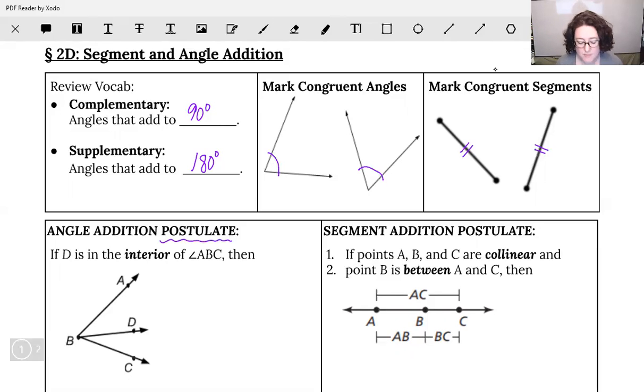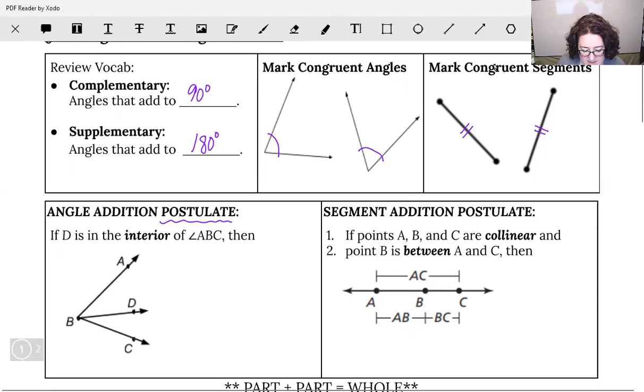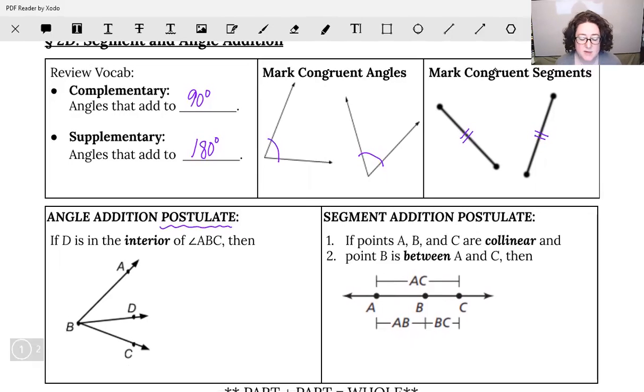A little bit more mathematically, we see this as: if D is in the interior of angle ABC. So in other words, we have point D here, and it's somewhere inside the space of this angle.